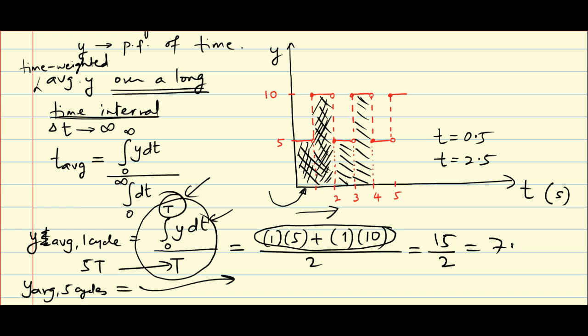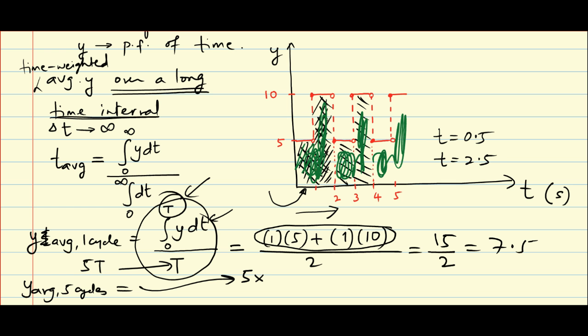So I got 7.5. Now what's going to happen if you consider 5 cycles is that the area is going to become 5 times. So in other words, what I'm saying is, you're treating this area plus this area, and like that totally 5 areas, the next one and the next one and the next one.